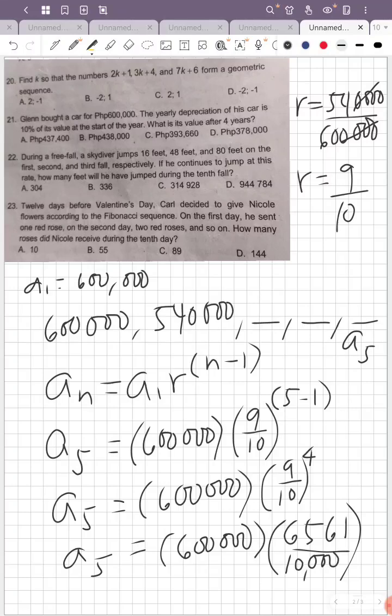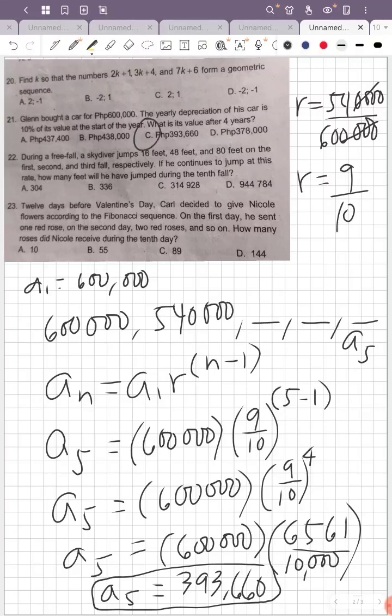So we have 600,000 times 6,561 divided by 10,000, the answer for that would be 393,660, and that is letter C. So the correct answer for 21 is letter C.